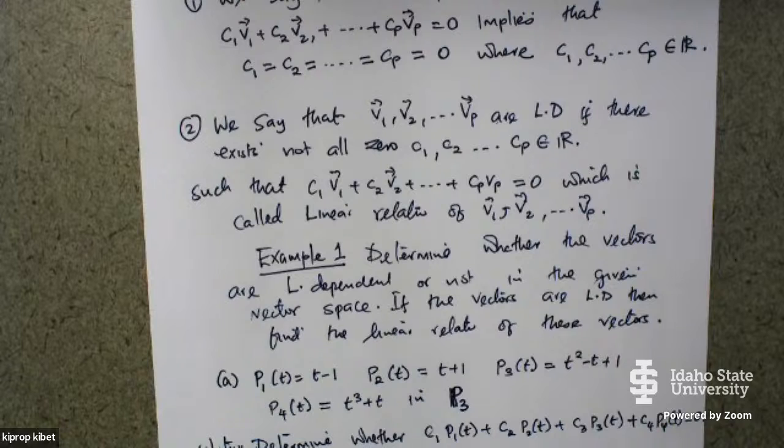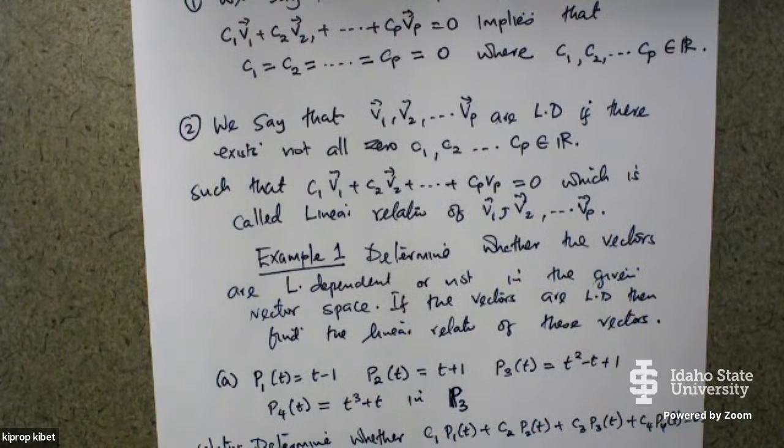So we can now substitute the values: C1 times (t minus 1) plus C2 times (t plus 1) plus C3 times (t squared minus t plus 1) plus C4 times (t cubed plus t) equals 0.